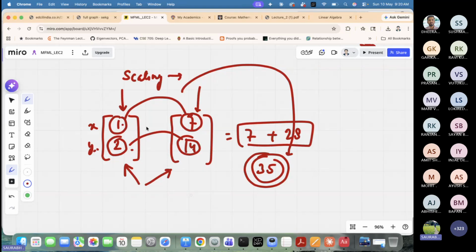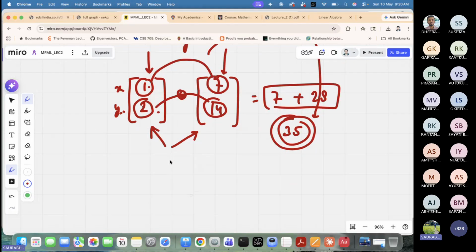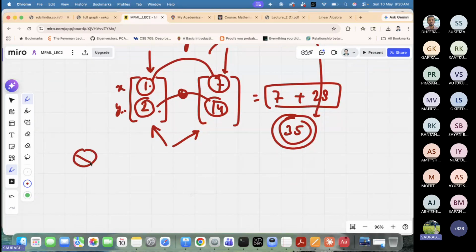We are having dot products. We had different types of mathematical operations: we can add, multiply, subtract, and divide. But here we are only speaking about vector addition and scaling vectors, not multiplication, not division.